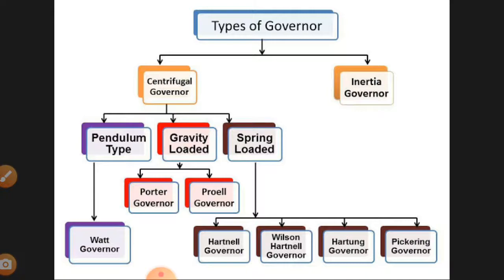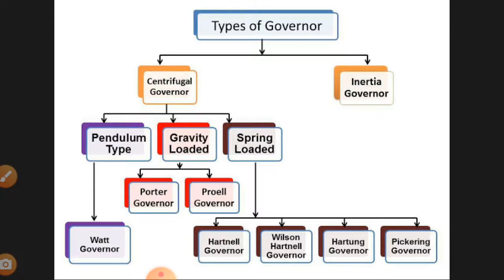Now centrifugal governors are further classified into three main categories: pendulum type governor, gravity loaded governor, and spring loaded governor. Watt governor is a pendulum type governor. Then gravity loaded governor is further classified into two main types: Porter governor and Proell governor.